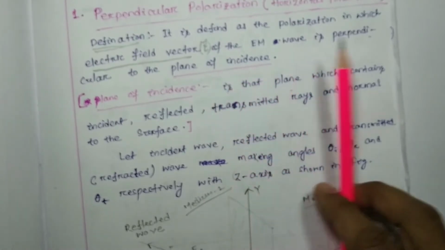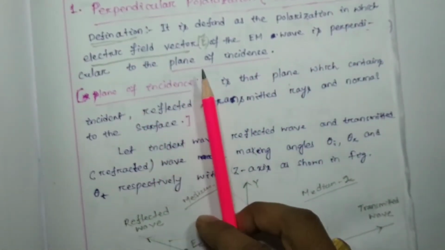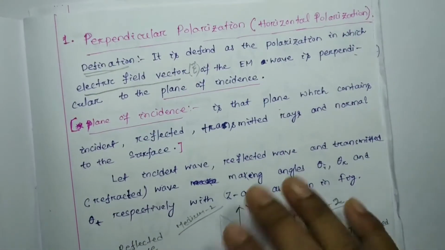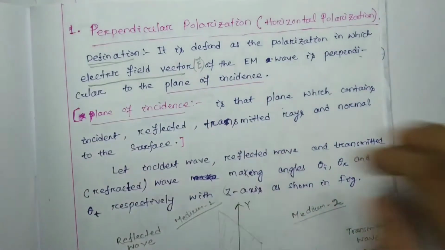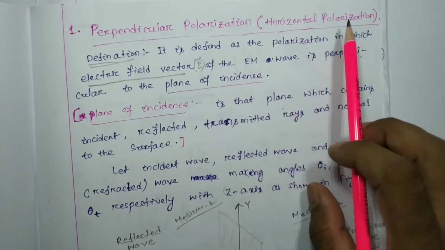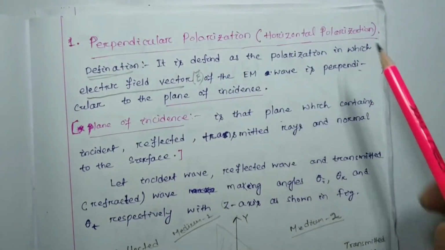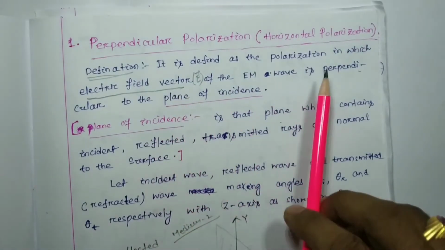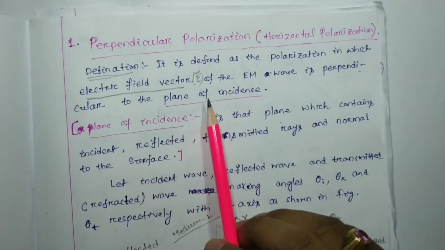Whenever the electric field is perpendicular to the plane of incidence, that will be called perpendicular polarization. So the condition for perpendicular or horizontal polarization is that the electric field vector will be perpendicular to the plane of incidence.